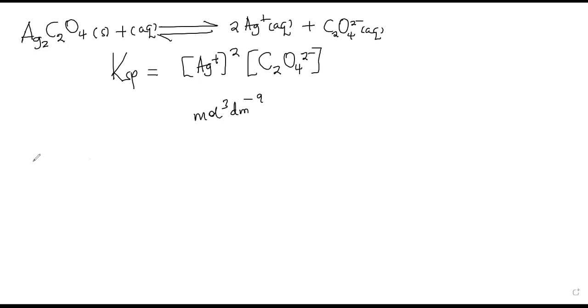Then silver chromate. When we say silver chromate, you need to know how we write a chromate. Silver chromate, you still write silver and a chromate. Chromate is CrO4, with a 2. Students sometimes fail this because they fail to connect the formulae.